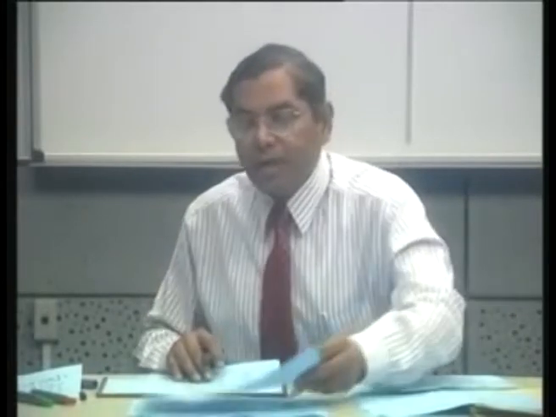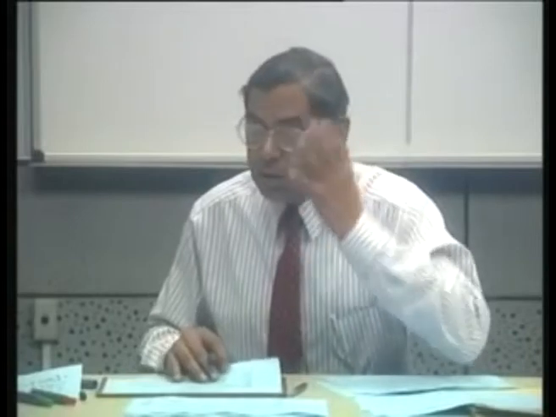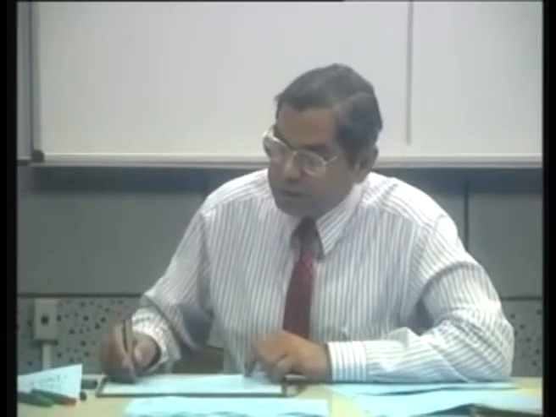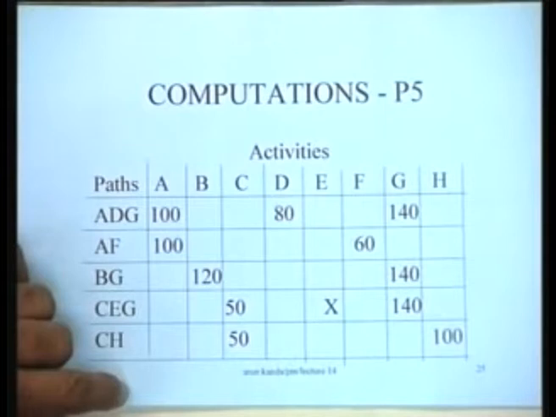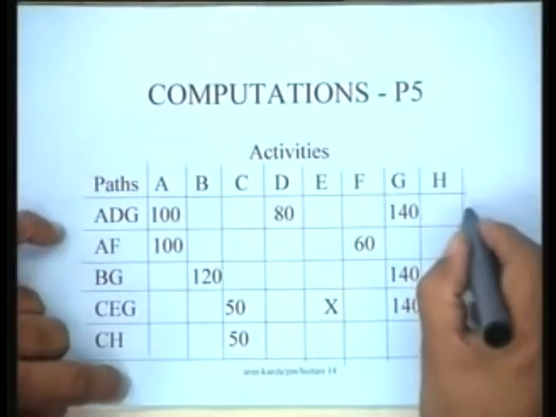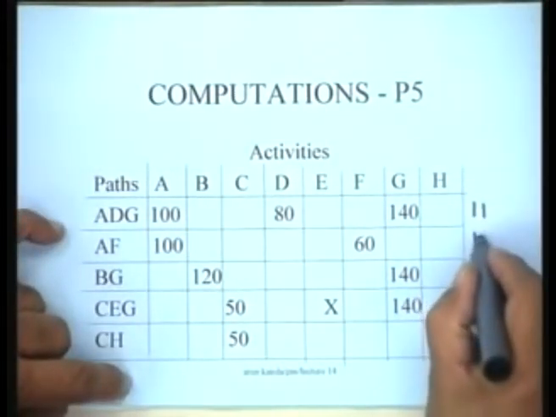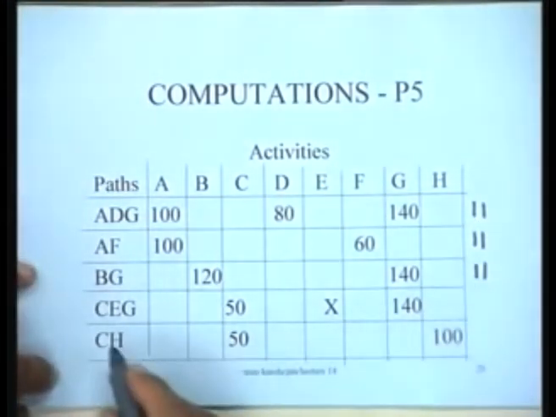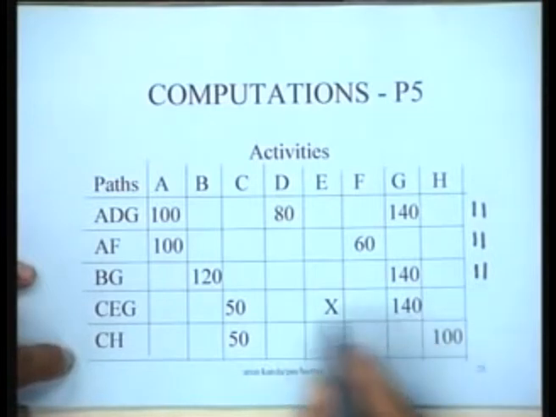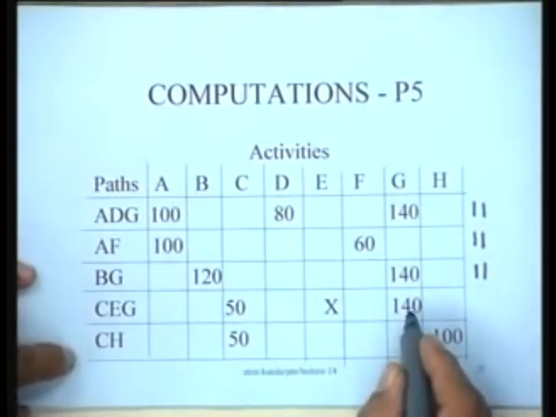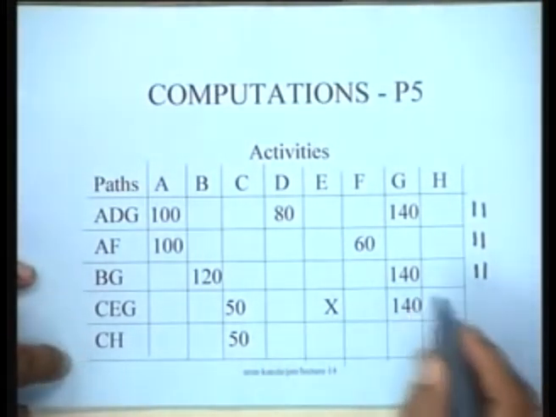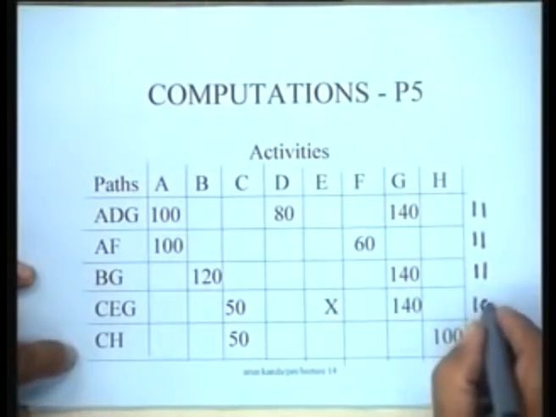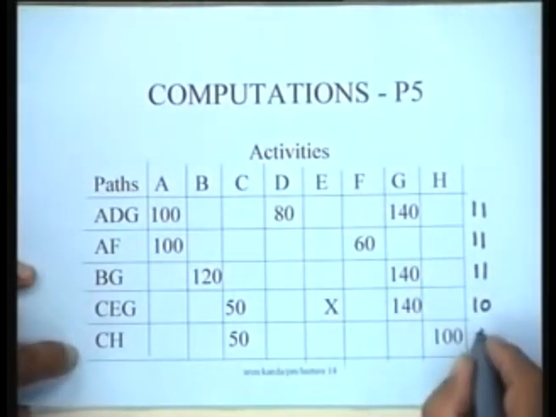Yes, at point P4 we had the durations of these paths as 12, but after crashing D, F and B, all these 3 paths will become of duration 11 each. And as far as CEG was concerned, no activity on this particular path has been crashed in this iteration. So this will remain at 10, and this will come to 5.